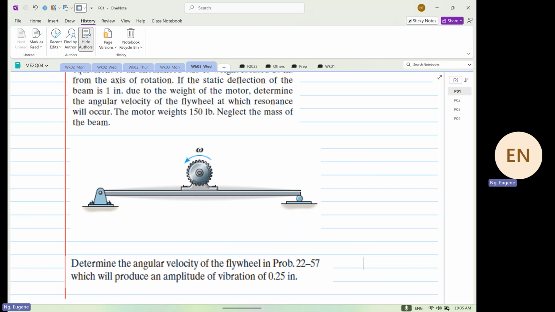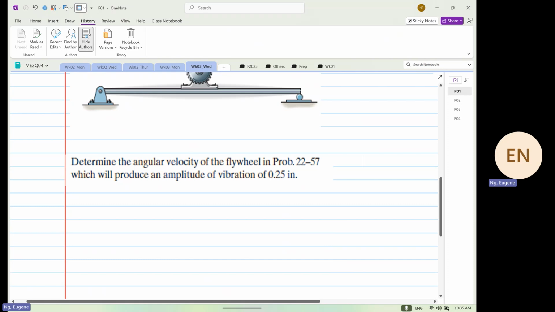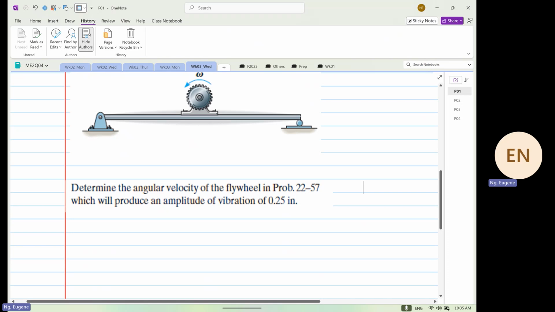The last part of the problem that I'm going to attend to is to determine the angular velocity of the flywheel such as to induce an amplitude of vibration of 0.25. So we know the amplitude, and we want the angular velocity of the flywheel.